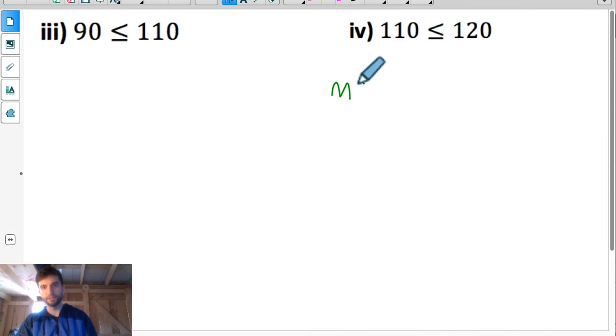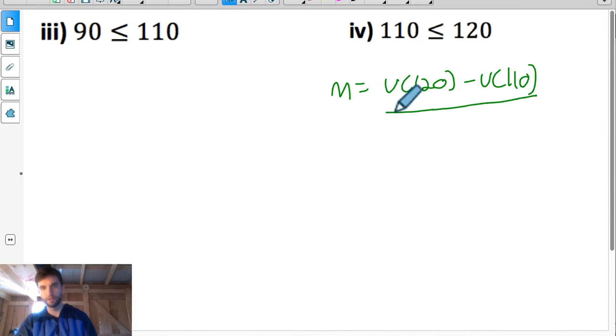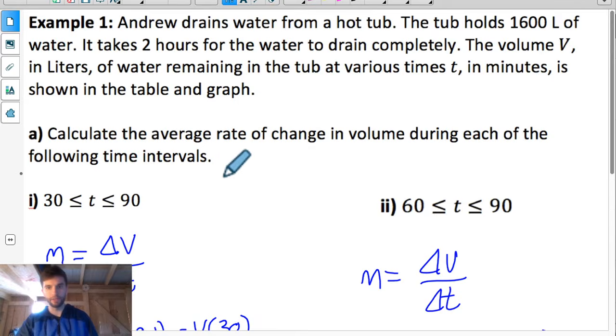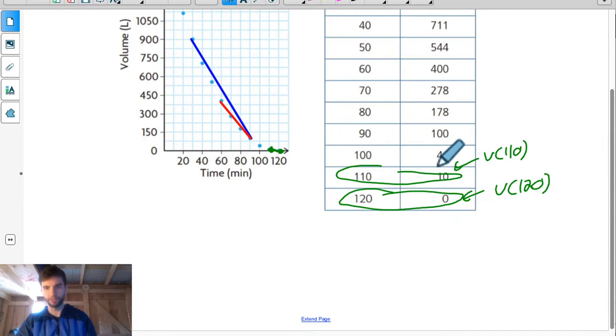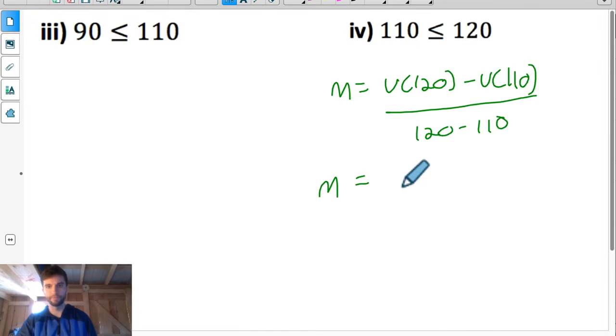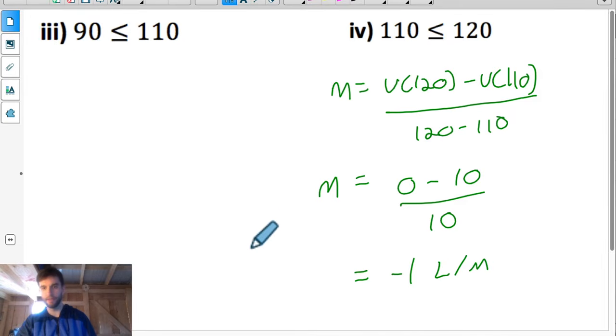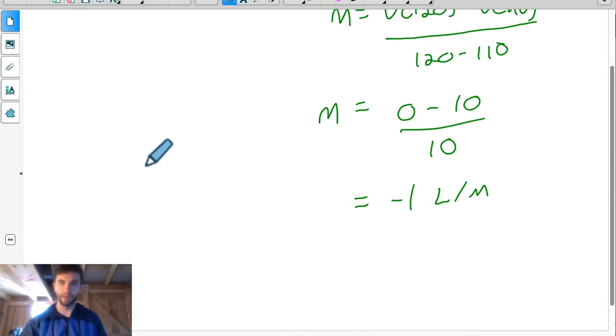So the average rate of change would equal the volume at 120 minus the volume at 110 over the change in time, 120 minus 110. And let's get our volumes. They were 0 and 10. So 0 minus 10 over 10. That's negative 10 over 10, which is negative 1 liters per minute. So it's only losing 1 liter per minute over that interval on average.